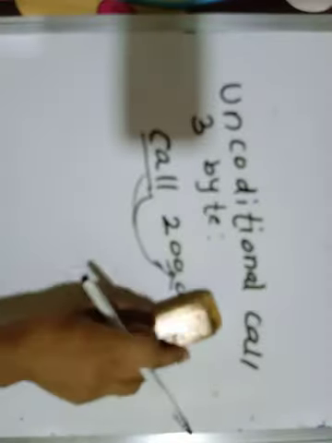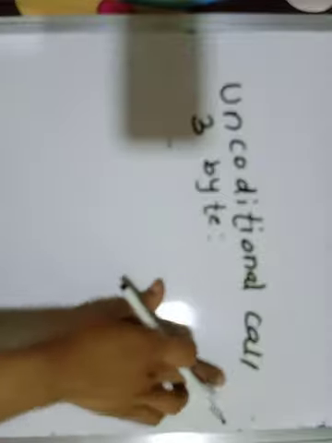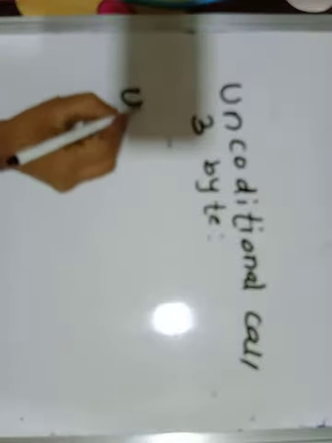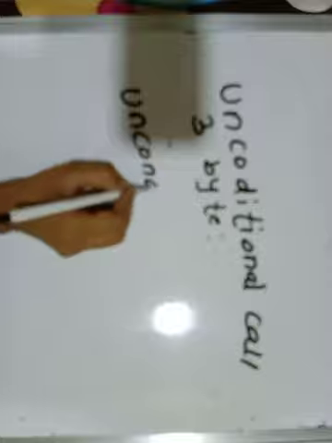Same as we have the unconditional call, we also have the unconditional return. In the unconditional return also, it is a 3-byte instruction. After the execution of that unconditional return, it loads 2 bytes from the stack, the address of the instruction next to call, into PC and increments the stack pointer by 2.